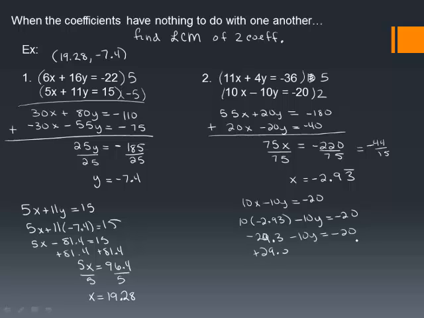I'm going to add 29.3 to both sides. And I get negative 10y is equal to 9.3. Dividing by negative 10, I'm going to get y is equal to negative 0.93. So my solution is going to be negative 2.93, negative 0.93.